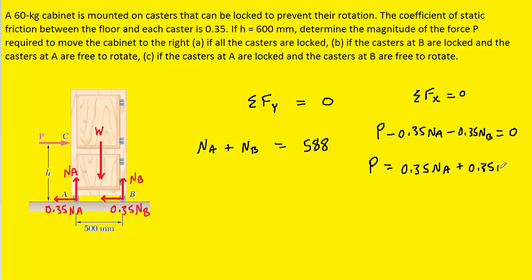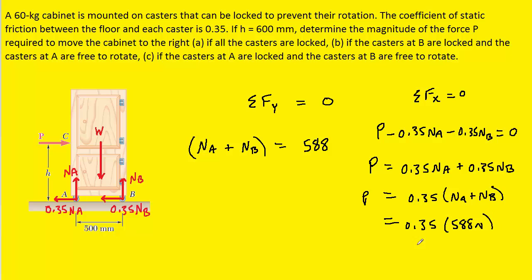And what we can do is actually factor out a 0.35, since they have that in common, and we would then have NA plus NB. But lo and behold, from the other equation, we see that NA plus NB is equal to 588 newtons. So all we have to do is take 0.35 and multiply it by 588 newtons. And we end up with approximately 206 newtons for the pushing force. So this is the correct answer to part A of the question.